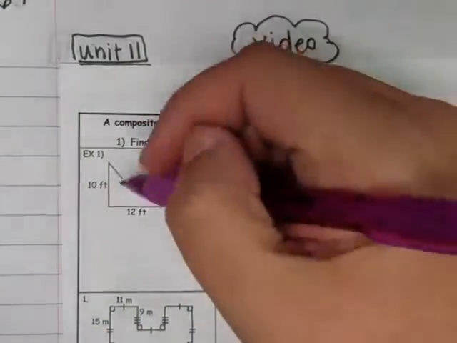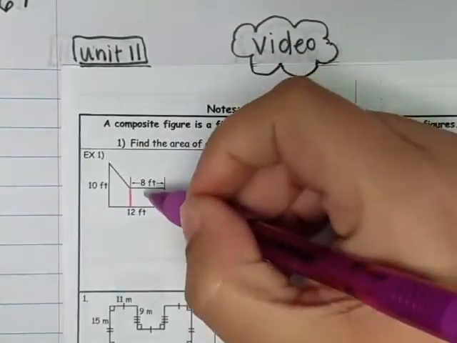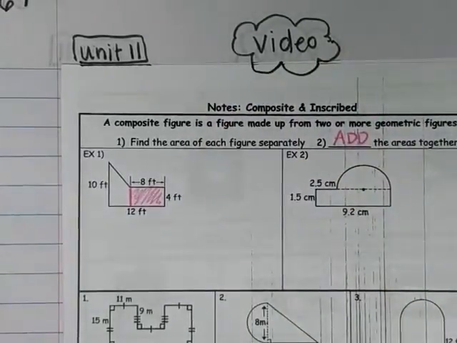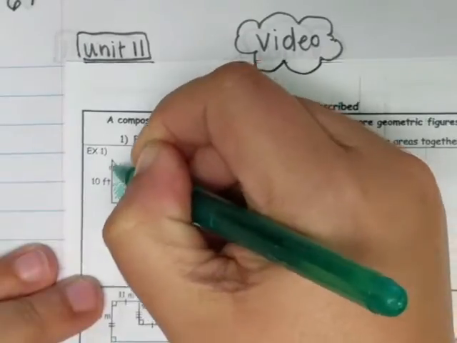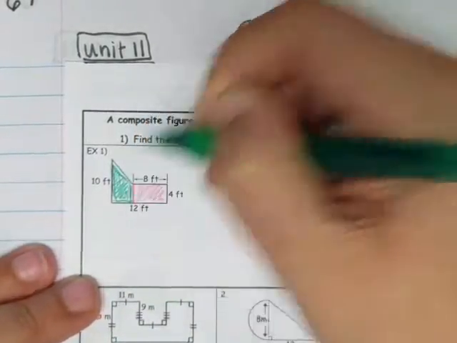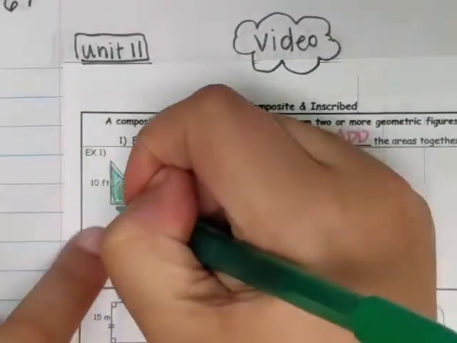Me personally, I'm going to go ahead and separate this into a rectangle and then a trapezoid. And then I'm going to find the area of both separately. So I'm going to do the trapezoid first.